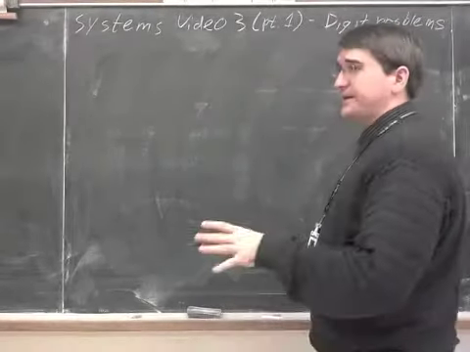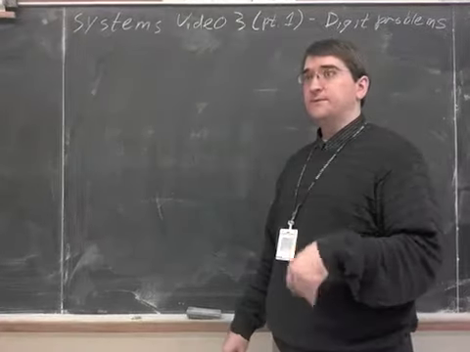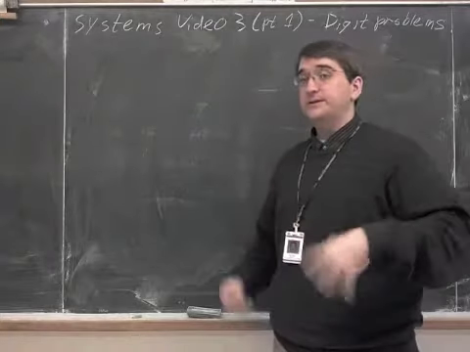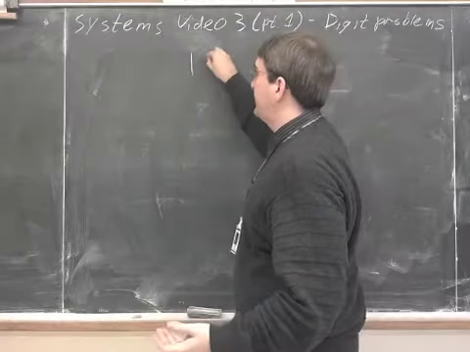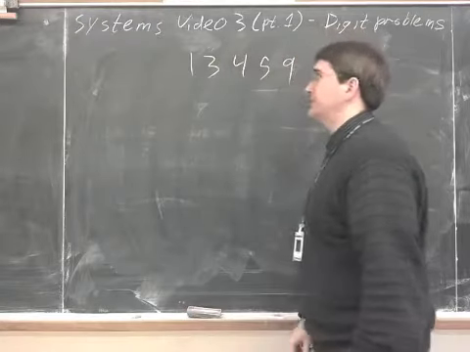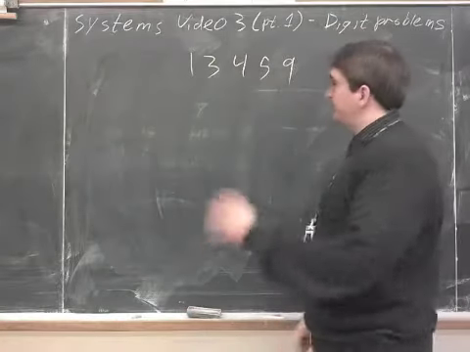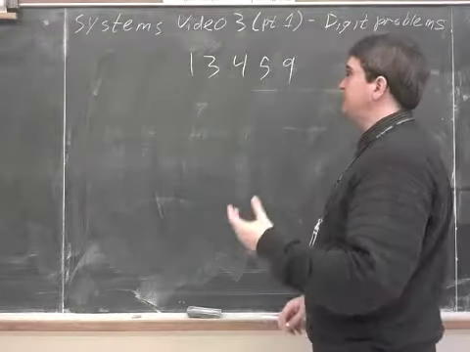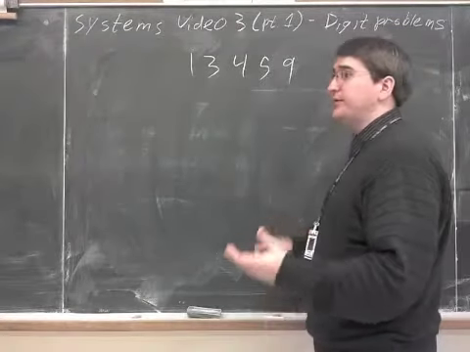So, to understand the idea of a digit problem, we have to first remind ourselves what a digit is. A digit is a number that makes up a larger number. So like 13,459, for example. There's different digits. There's 5 different numbers that make up this number. And each digit is in a place value.